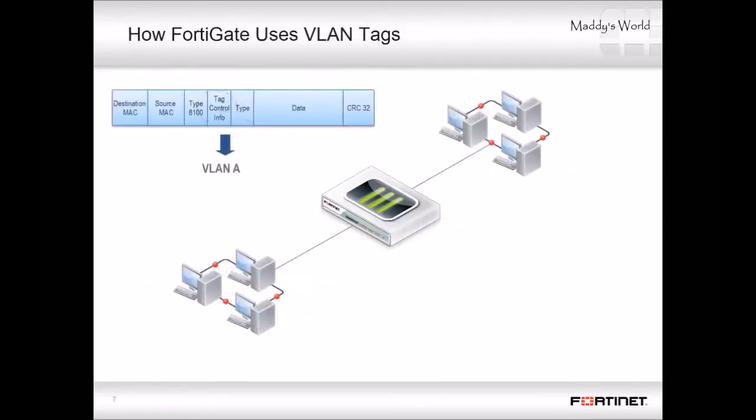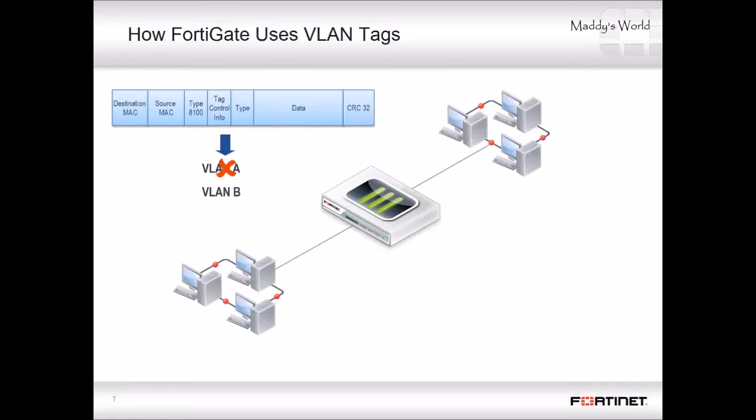When operating in NAT/route mode, FortiGate is, among other things, a layer 3 router. So it can do more than a layer 2 switch. That is, it doesn't just remove VLAN tags from frames being forwarded to destinations and add VLAN tags to frames being forwarded from the source. FortiGate can also rewrite VLAN tags.